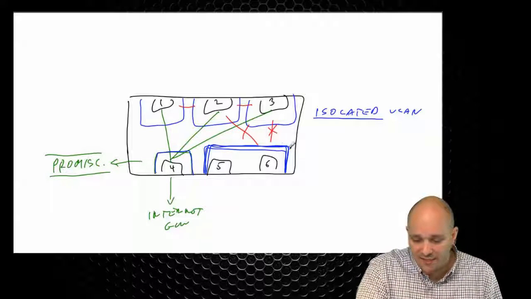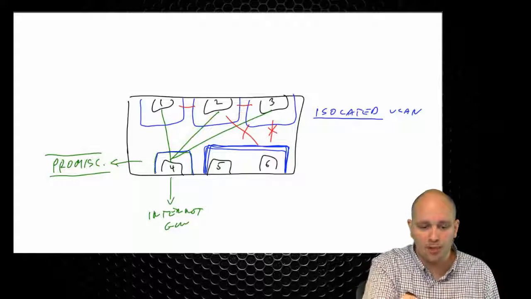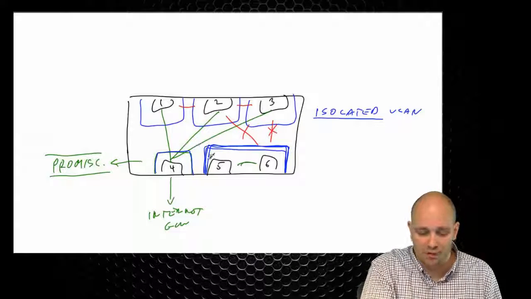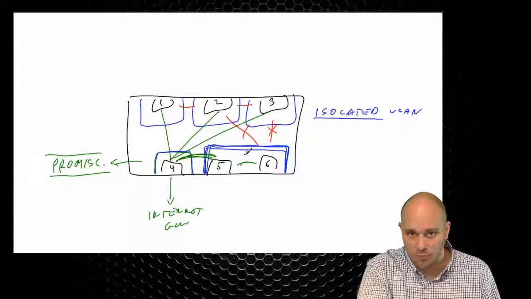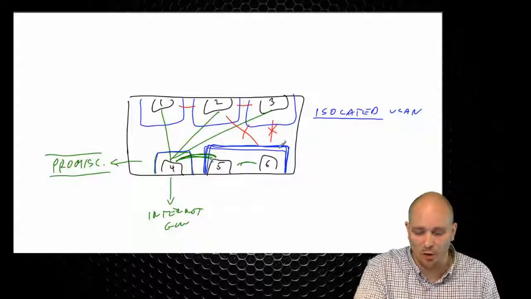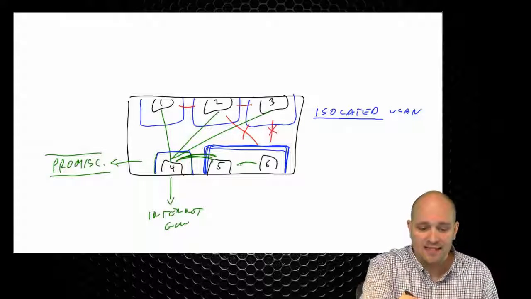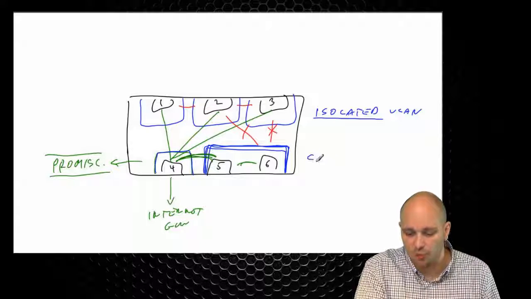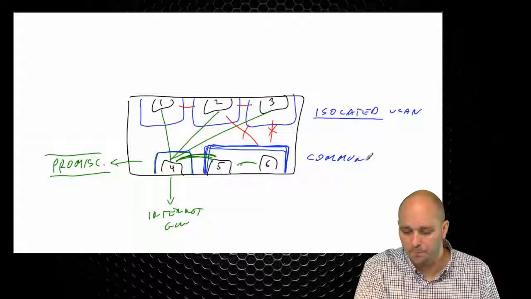Now, if we have this situation that we want to allow the communication between these two ports and between the promiscuous ports and these community VLANs, but not outside of this tiny little community, this is when we would use the feature called the community VLAN.